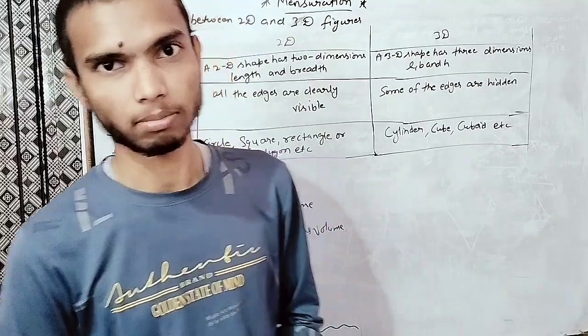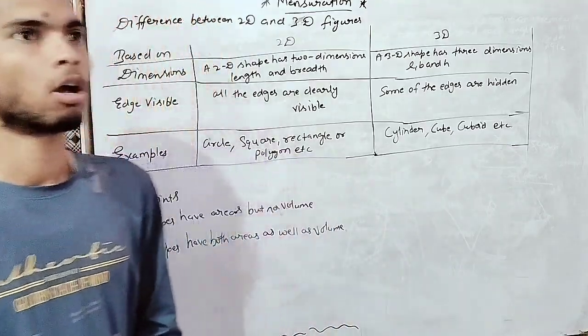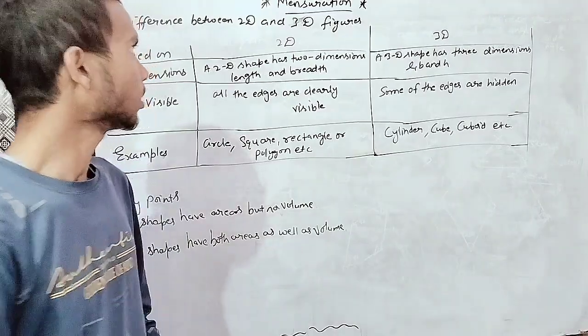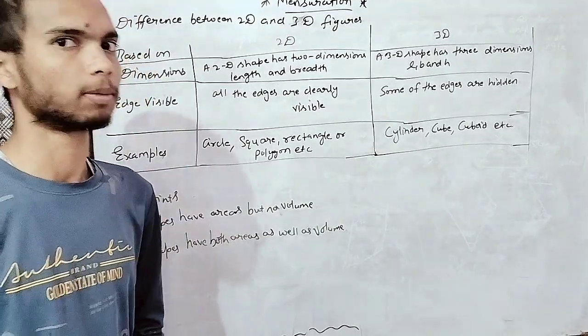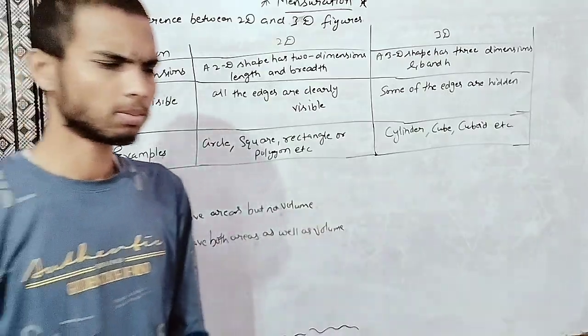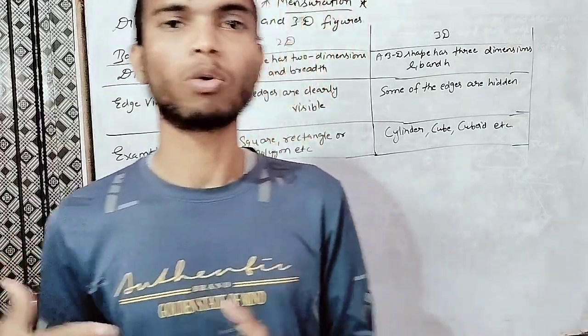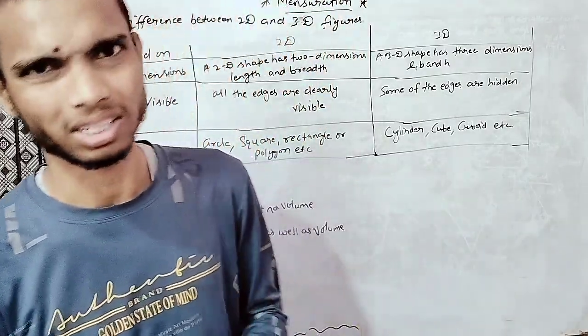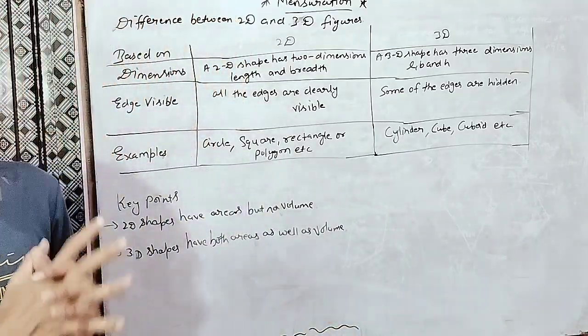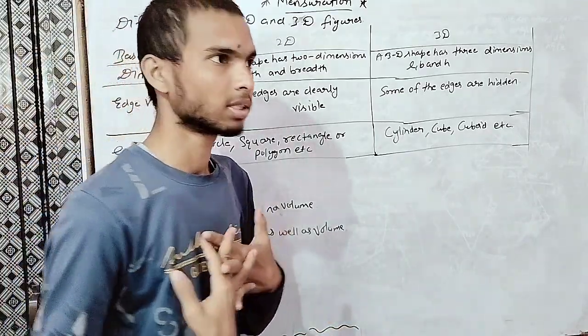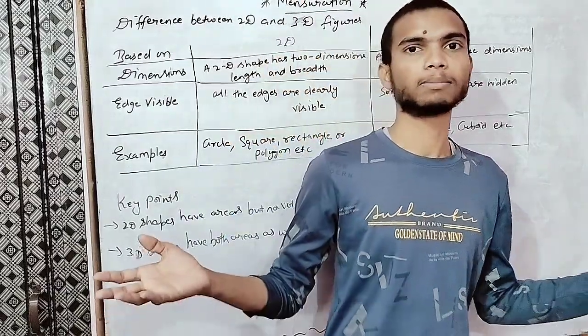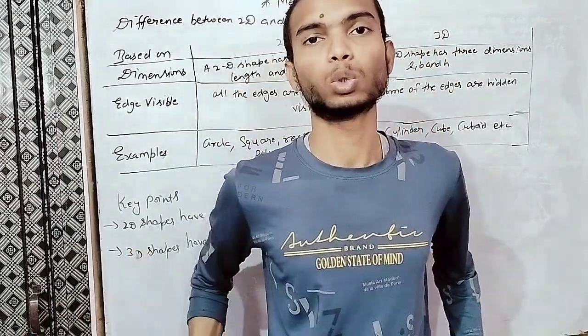motion in a straight line. So what is the meaning of 2D and 3D? 2D means one object is moving in only one direction. For example, I am in 2D.